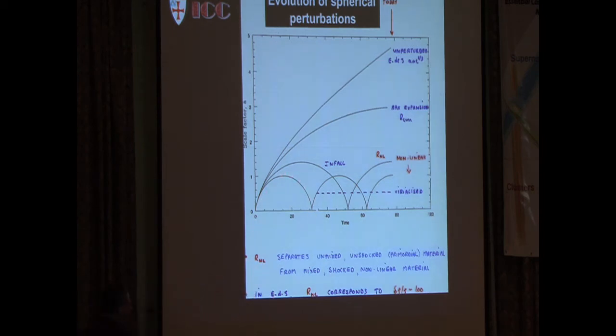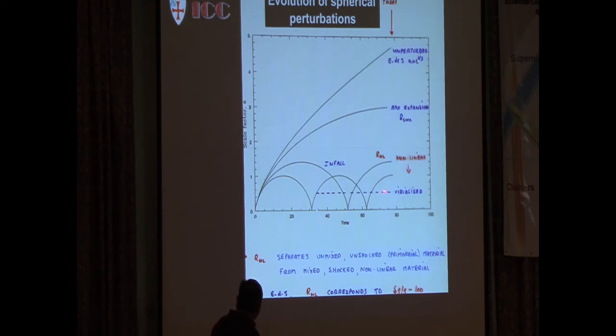Now, what happens when the perturbation collapses? Say if it's cold dark matter, then because these particles don't interact except through gravity, the matter goes through and then oscillates, and eventually the object becomes what we call virialized. Namely, it reaches a sort of thermodynamic equilibrium state, and the spherical Top Hat model tells us that it does so at a radius that's half the radius of maximum expansion.